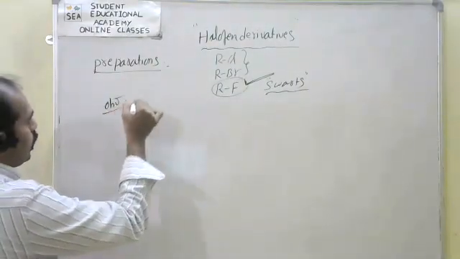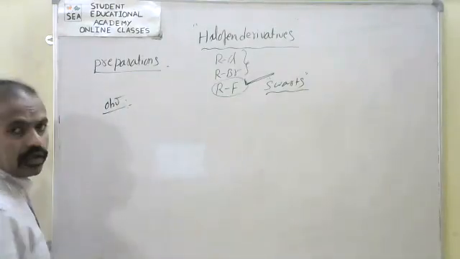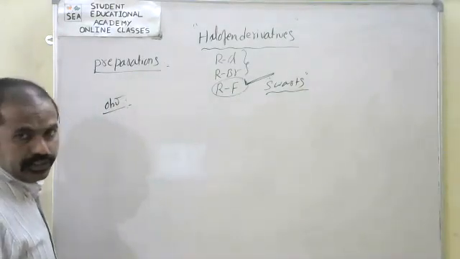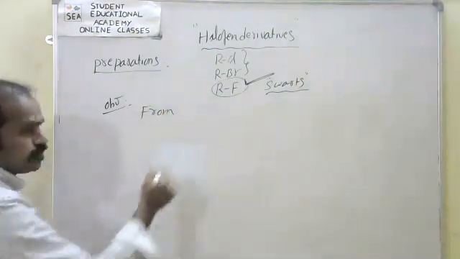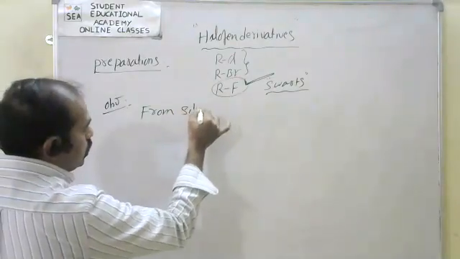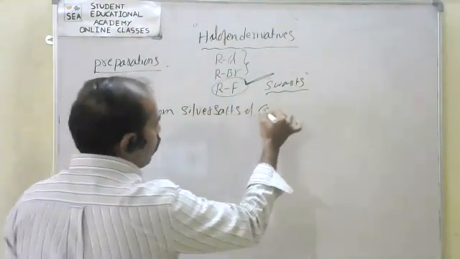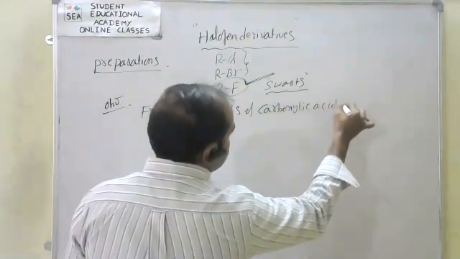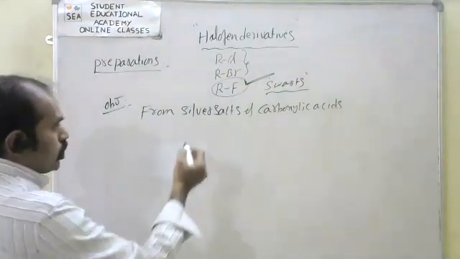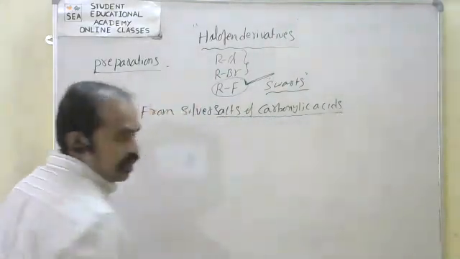From an objective point of view, by using the salt of carboxylic acids, particularly the silver salts of carboxylic acids.